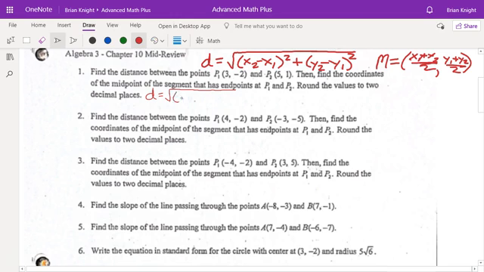So I'm still going to do x2 minus x1, so that'd be 5 minus 3 squared plus 1 minus negative 2 squared.